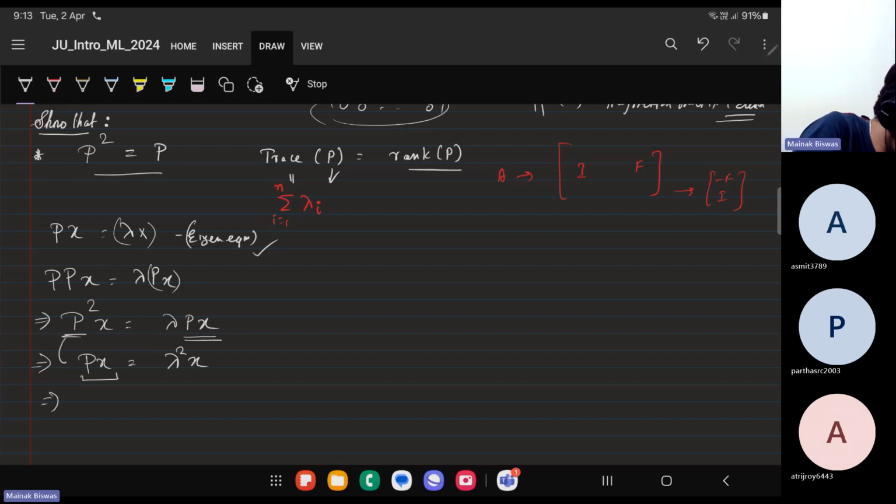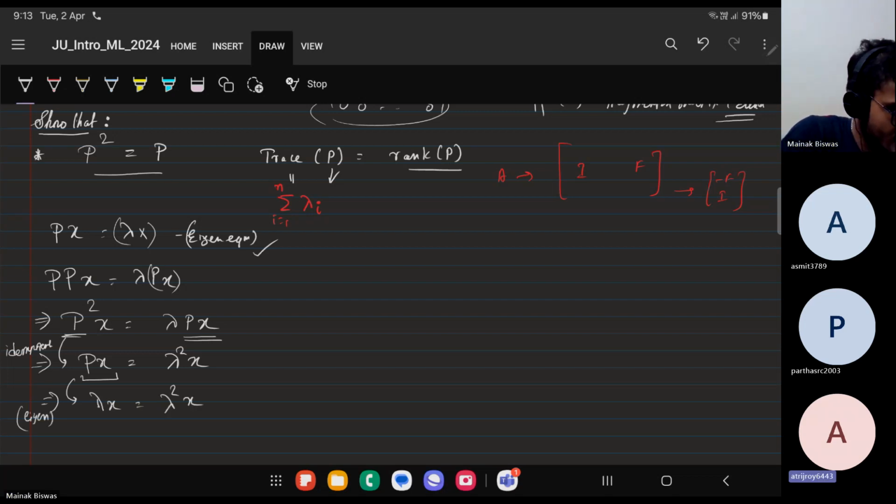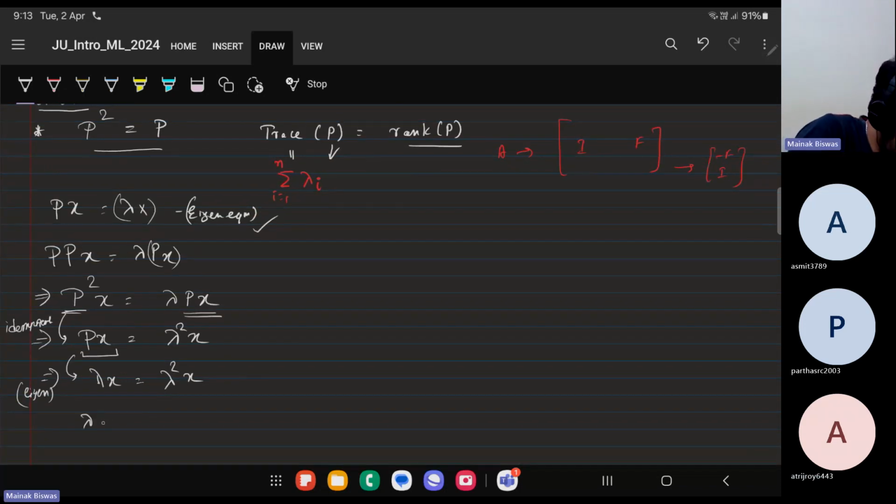This is from idempotent. This is from the eigenpair. Yes or no? Agreed? So do you agree? Lambda into lambda minus 1 is equal to 0, as x is not equal to 0.